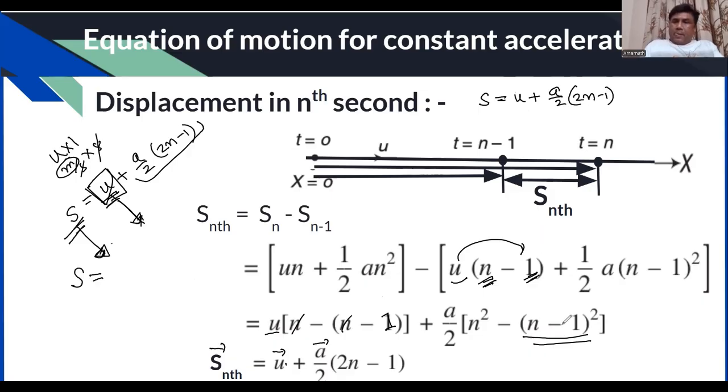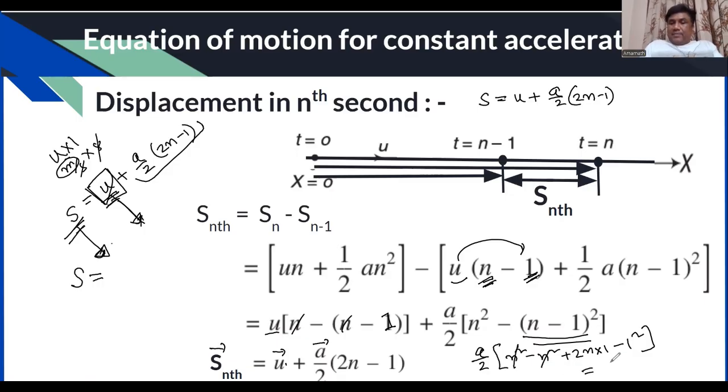So here actually it is a by 2, n square minus, if I break it, 2ab means plus 2ab, minus b square. It is also dimensionally correct.